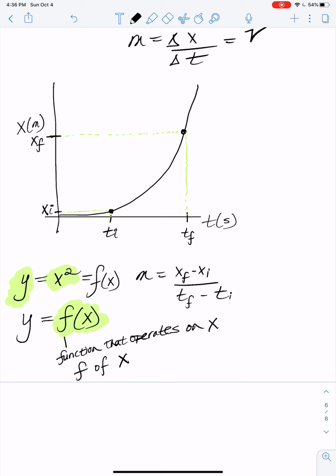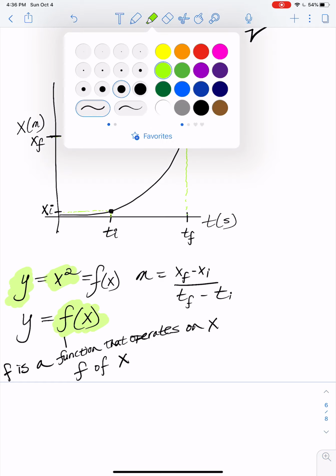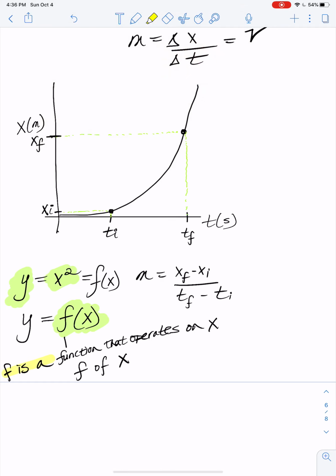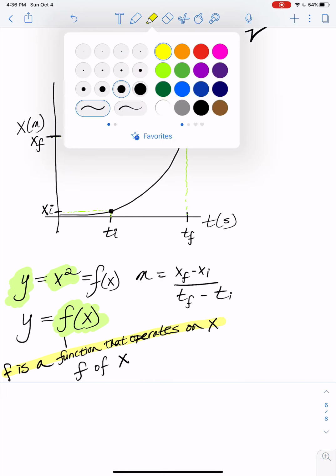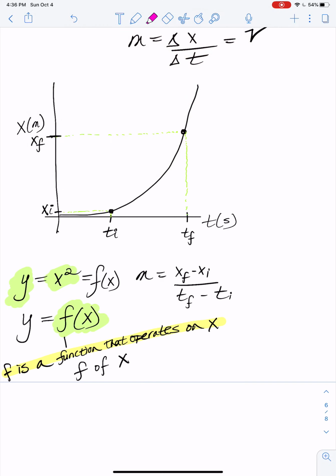It does not mean multiplication. It means that f is a function. I should probably finish writing that. F is a function that operates on x. And we pronounce it f of x.